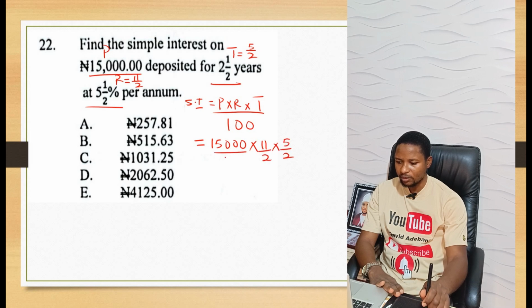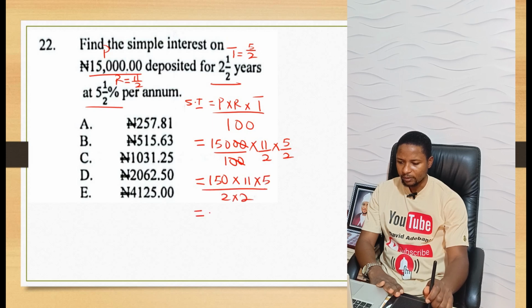Don't forget over 100. So 2 zeros cancel 2 zeros. So you're left with 150 times 11 times 5 over 2 times 2. And that will give me 150 times 55 over 4. I think I can, 2 can go, and 2 here you have 75.